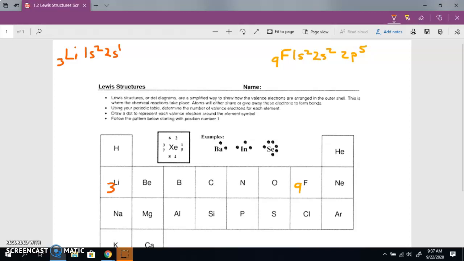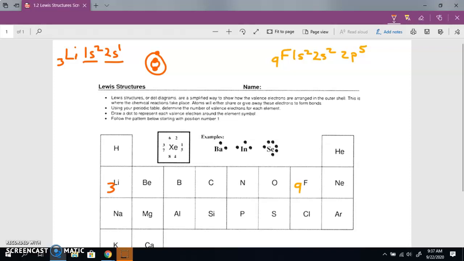If we take that and we turn it into a Bohr atomic model, on the first energy level, we would have 2 electron dots, and then on the second energy level, we would have 1 electron dot. Now, I also want you to notice that lithium is in main group 1 of the periodic table, and it's got 1 valence electron right here. Keep that in mind.